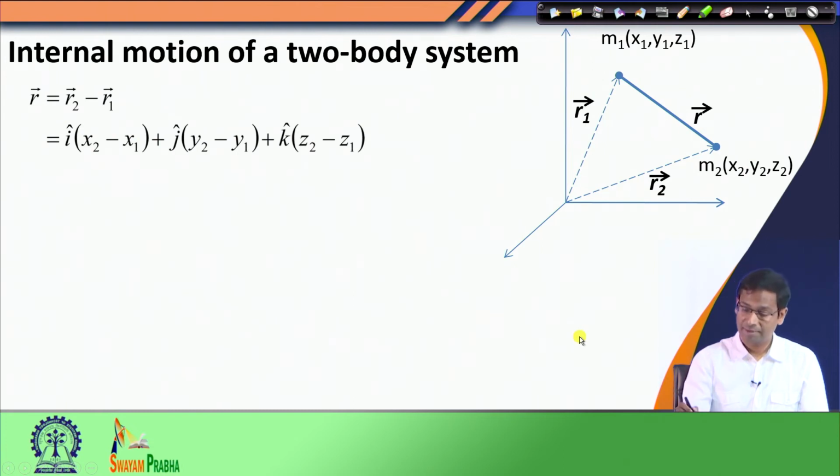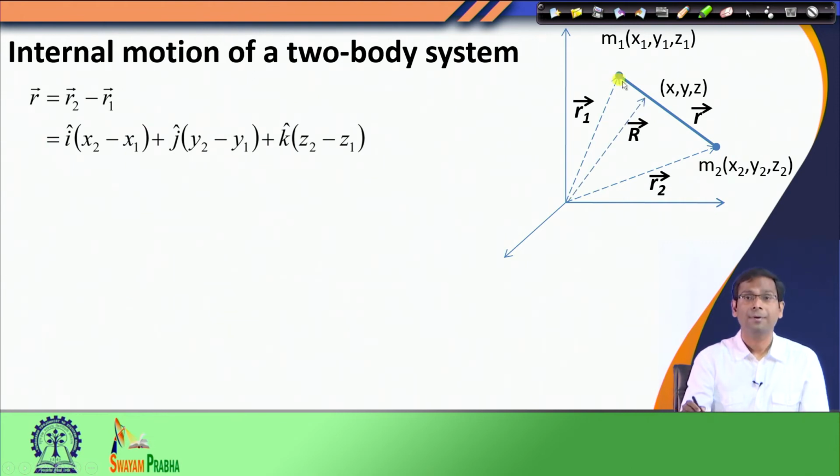From simple vector algebra, I can define my r vector as r2 vector minus r1 vector. Therefore, the position vector corresponding to this r vector is given by this relation, where x1, y1, z1 and x2, y2, z2 are the Cartesian coordinates of mass 1 and mass 2.